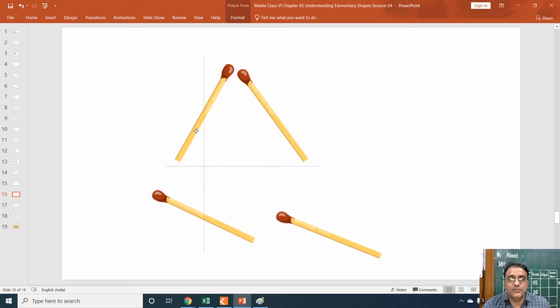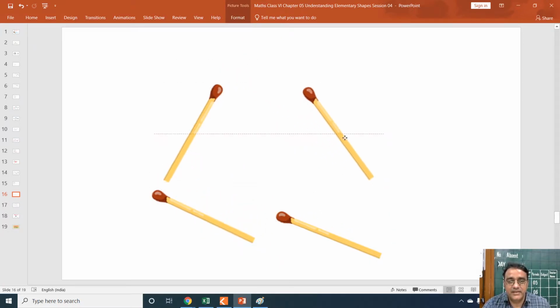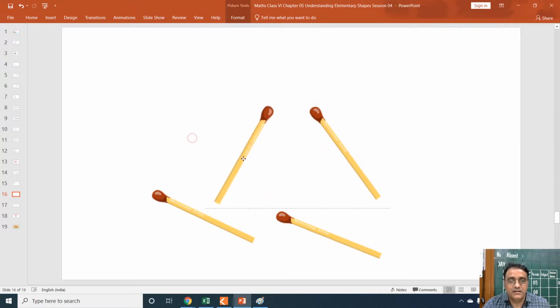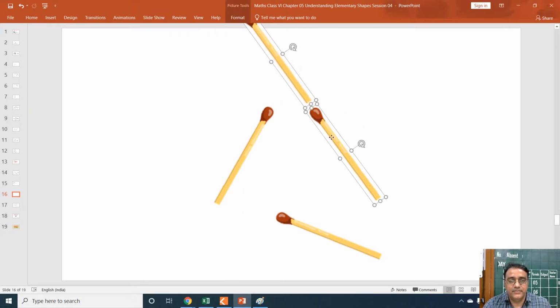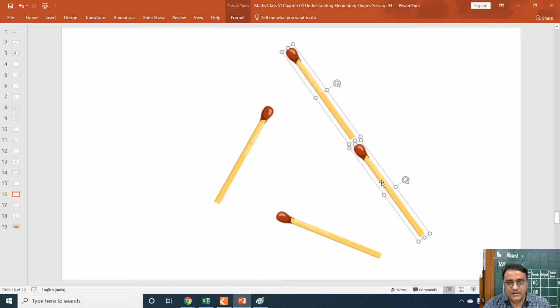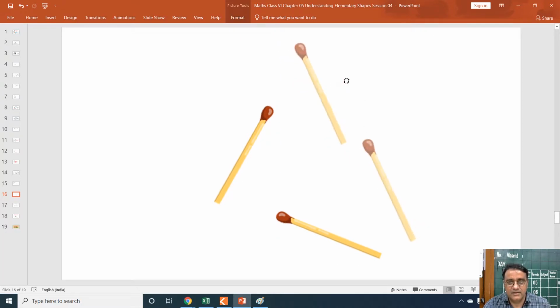5 matchsticks, how will you join? See, we joined one here, right?